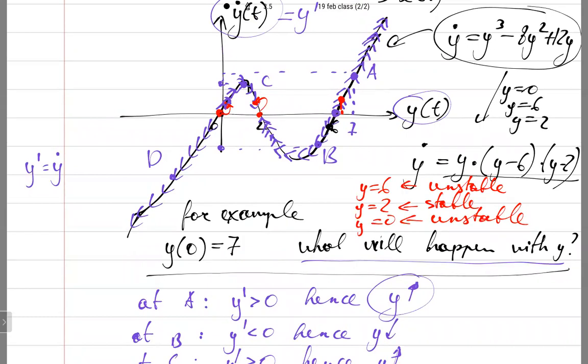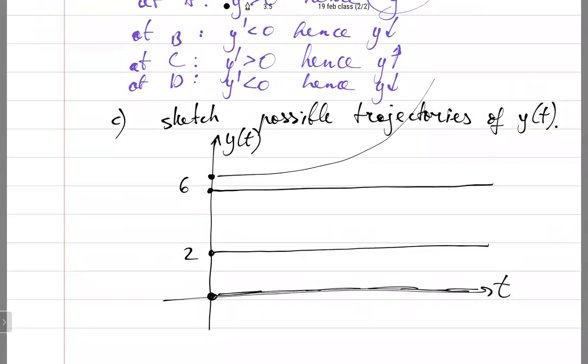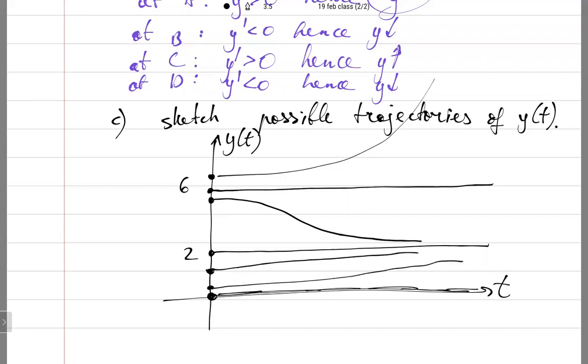It will decrease. It will decrease up to which number? Up to 2. Yeah, exactly. So it will go like that. If I start at, let's say, 2 minus 1 million, what will happen? It will go to 2. So I have drawn a lot of possible trajectories of y.